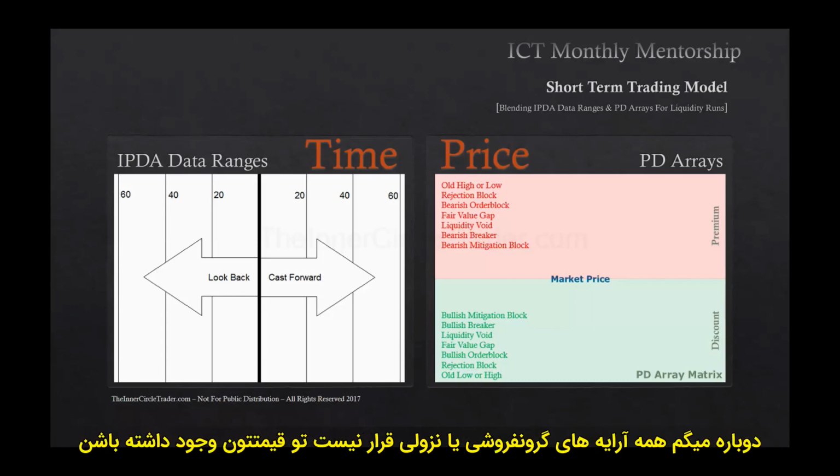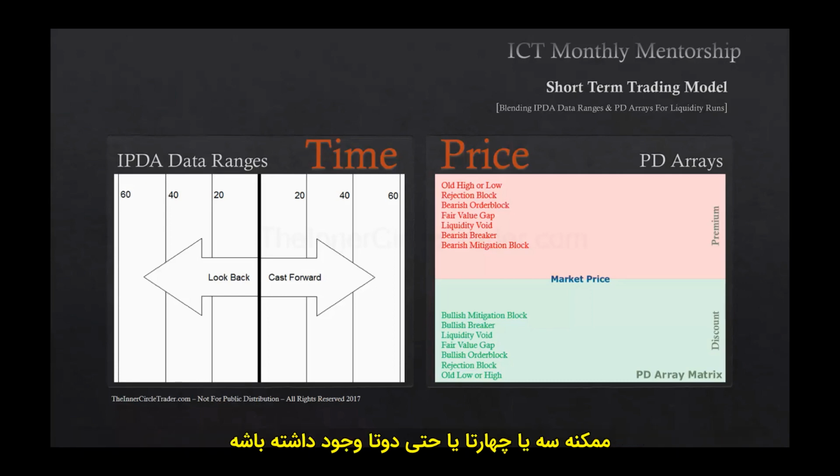Again, not all of these bearish or premium arrays will exist in your price. There may be a selection of 3 or 4, or maybe as little as 2. Rarely will you have all of them to choose from.